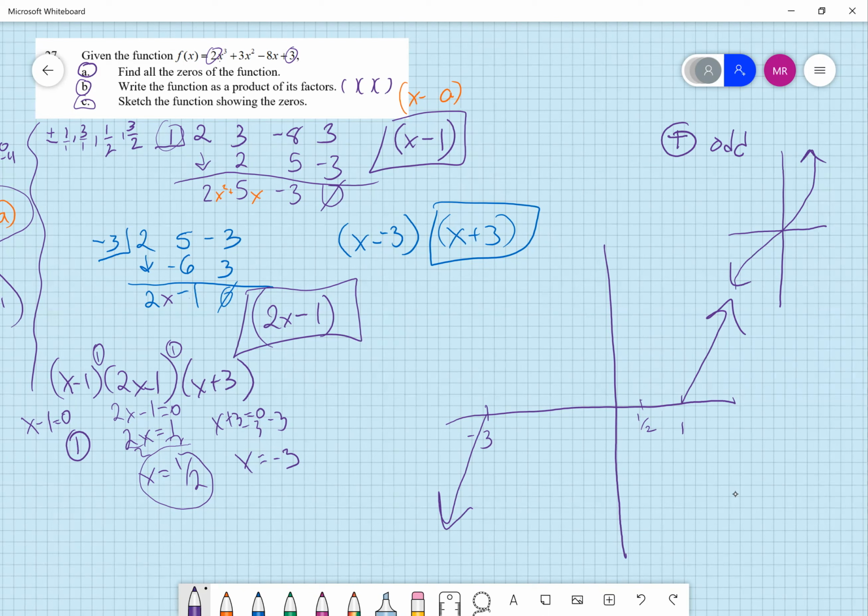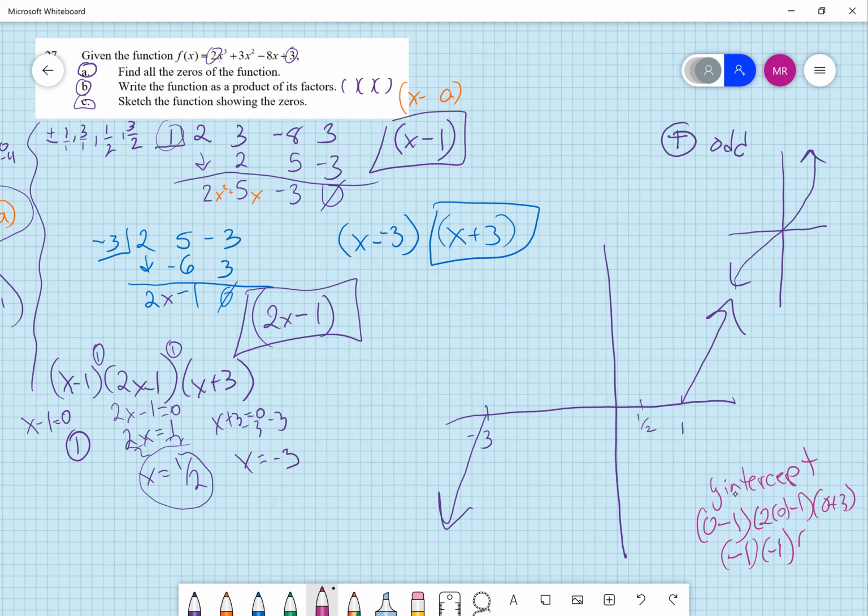And I know that it's going to cross at each of these points, but I can do a little bit better for my graphing. I can find my y-intercept. And with the y-intercept, you put 0 in for your x's. So we've got 0 minus 1. Breaking it down into factors makes it nice and easy. 2 times 0 minus 1, and 0 plus 3. 0 minus 1 is negative 1. 2 times 0 is 0, minus 1 is negative 1.